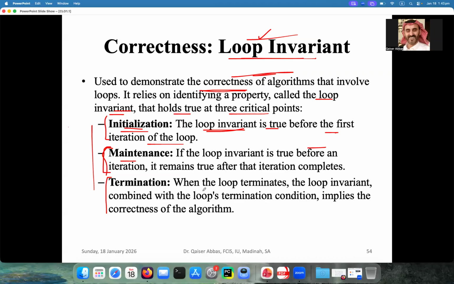Termination. When the loop will terminate, when the loop will be finished, the loop invariant combined with the loop termination condition.